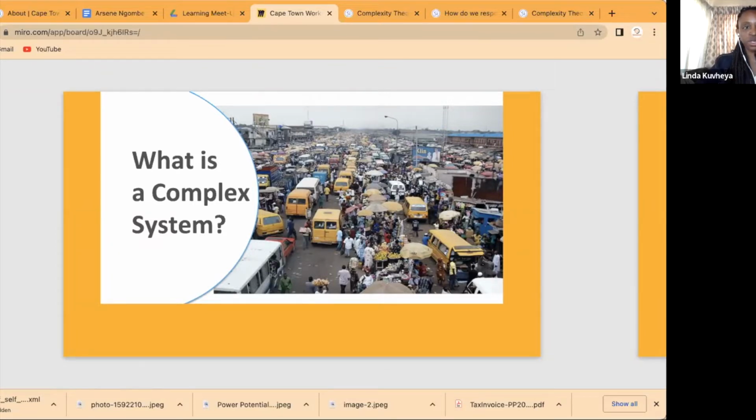And that city also has its political systems, its health systems. There are a lot of other systems involved within a city like this, and a lot of stakeholders, a lot of actors, if I can put it like that. So I think a complex system is basically a system comprising many other systems. That's my own understanding.